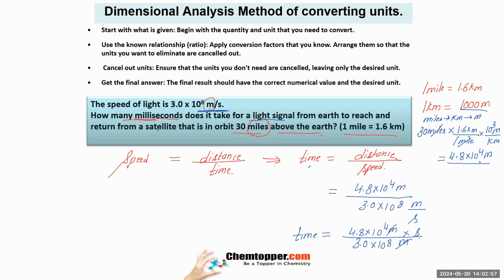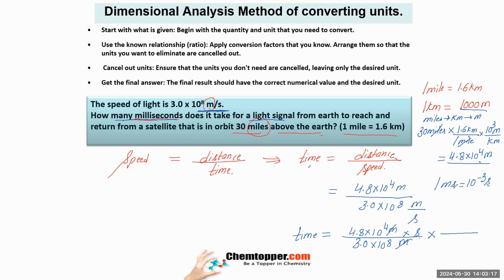But are they asking in seconds? No, they're asking in milliseconds. So what do I know? I know that 1 millisecond is 10 raised to power minus 3 seconds. So I'm going to plug in here this ratio.